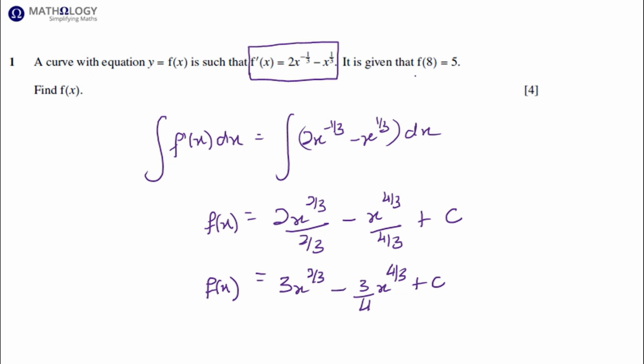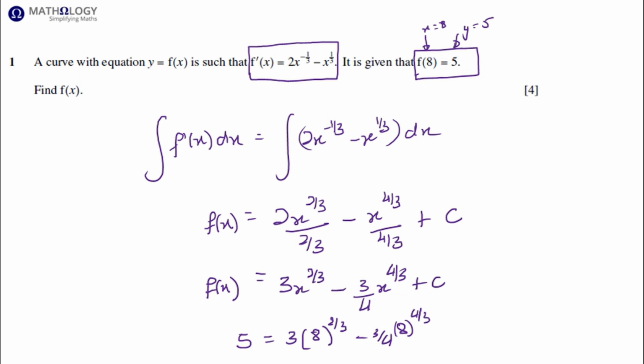Now we are told that f of 8 equals 5. So when x equals 8, y or f of x will be 5. So 5 equals 3 times 8 to the 2/3 minus 3/4 times 8 to the 4/3 plus c.